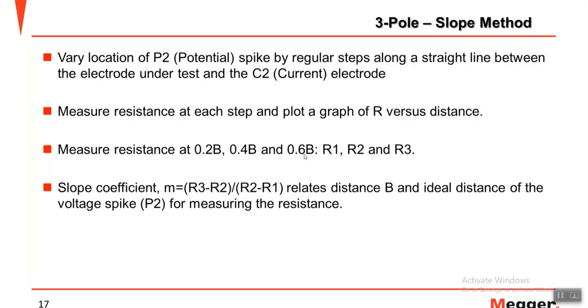40%, and 60%, and then you will get 3 resistances: R1 for 20%, R2 for 40%, and R3 for 60%. After you get the 3 measurements, you need to calculate the slope coefficient with this formula: R3 minus R2, divided by R2 minus R1.